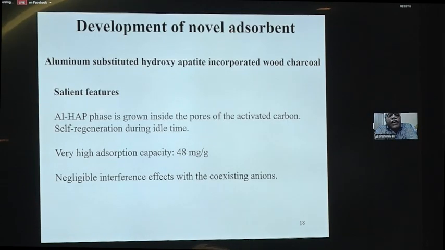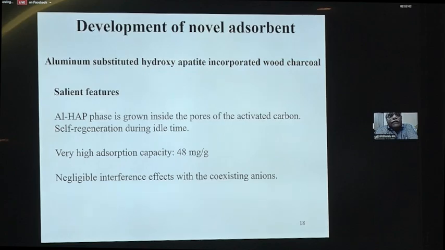So what we did, like with arsenic removal, we tried to mimic nature, and we found out that fluoride is arrested in the rocks in the form of a hydroxyapatite mineral phase. So we tried to develop this hydroxyapatite phase in the carbon, so that this hydroxyapatite contains lots of calcium, and this calcium is a potent adsorbent for fluoride.